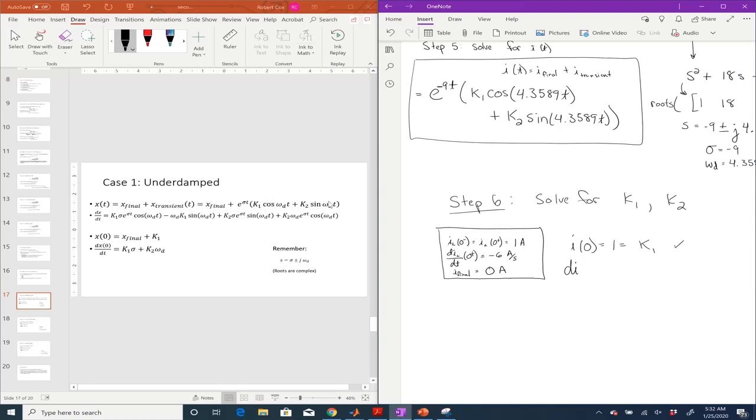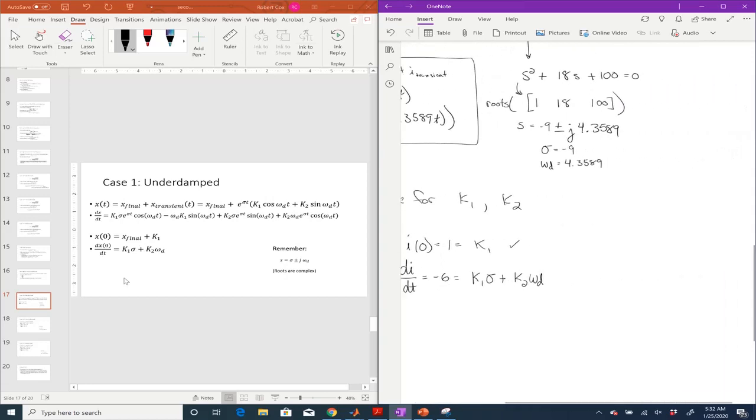I also have that di by dt at 0 is equal to minus 6. Taking the derivative of this expression is nasty, but I've already taken the derivative of the general form and plugged in 0. So di/dt at 0 is equal to K1 times sigma plus K2 times omega d.